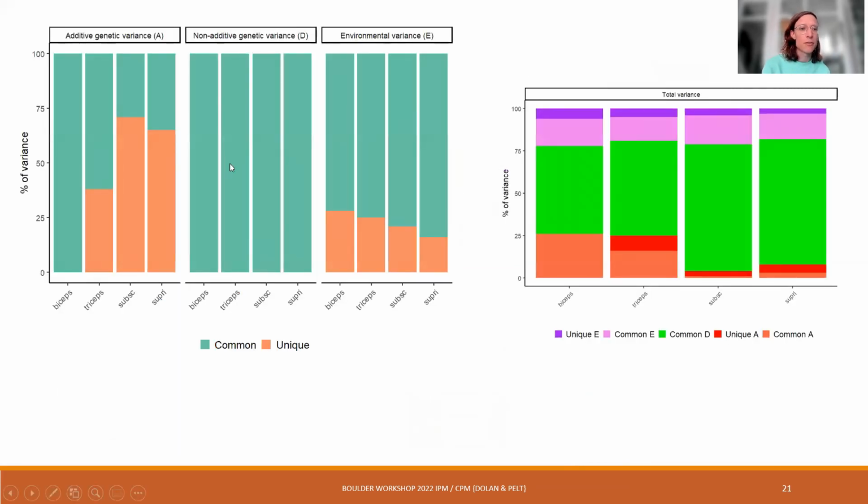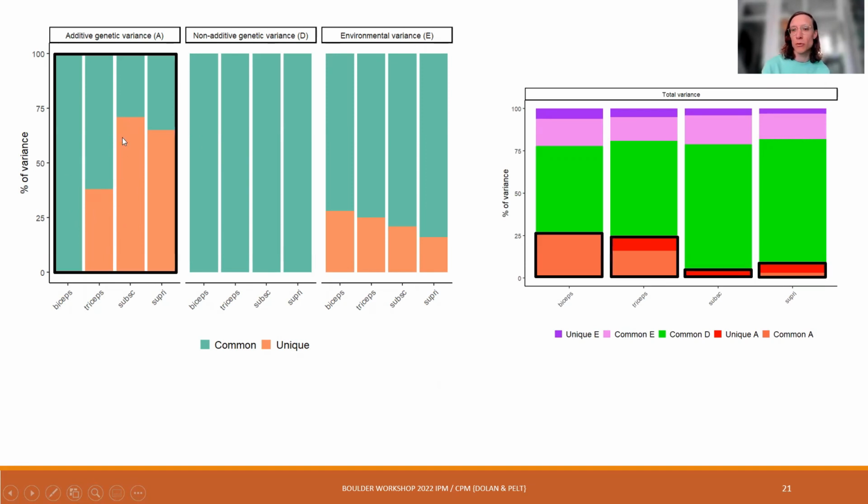So here on the left, again, it's just the same as I showed on the previous slide, but now again, as a fancy figure, right? For the additive genetic variance, biceps, all the variance was due to the common genetic effect in green, so 100%. But for the other three phenotypes, it was more mixed. Again, keep in mind that this is only in relative terms.